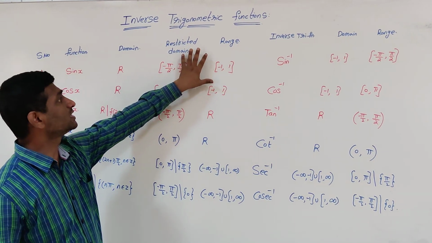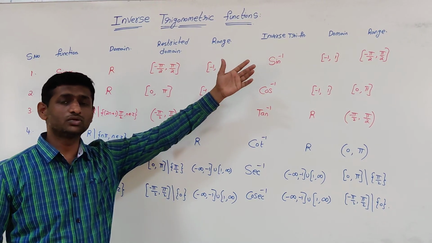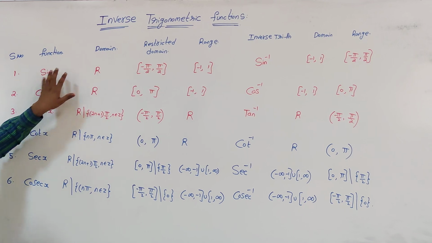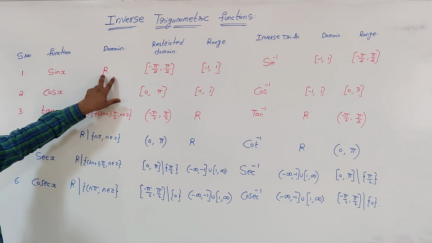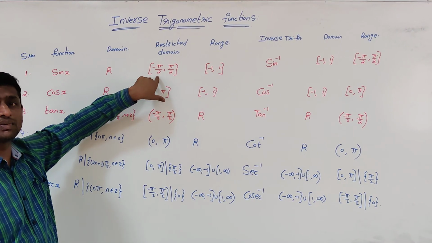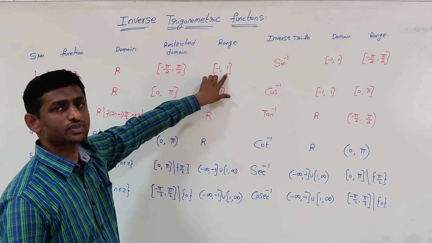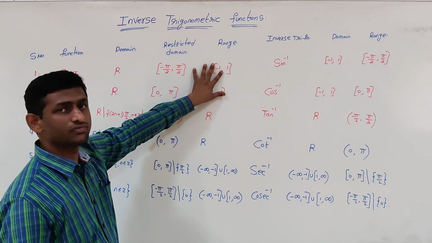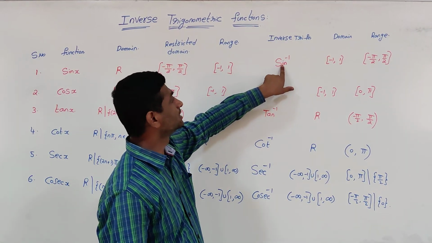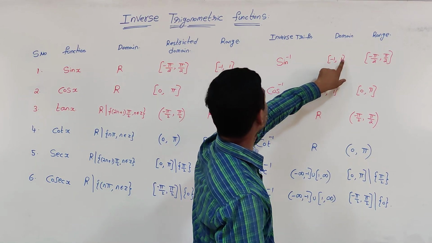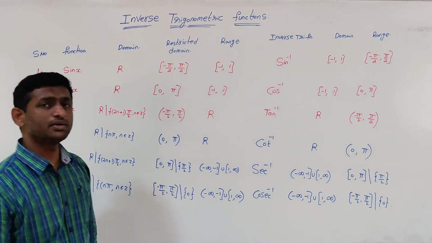So for sin x, the actual domain is R, the restricted domain is the closed interval minus pi by 2, pi by 2, and the range is the closed interval minus 1, 1. Next, if this is a bijection, then its inverse, sin inverse, is a function from the domain minus 1, 1 to the closed interval minus pi by 2, pi by 2.